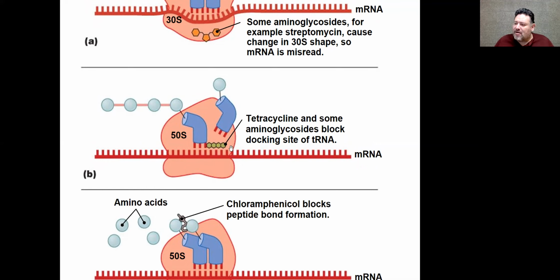If you remember, this is an A site, the acyl, the P site, the peptide site, and the E site. And what it does is it associates with the A site, stopping the association of the tRNA anticodon with the codon of the messenger RNA. That's it, we're done. No protein is going to be synthesized.